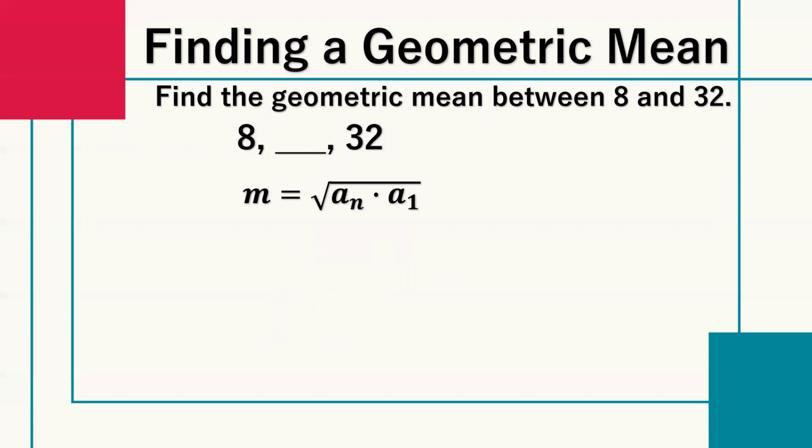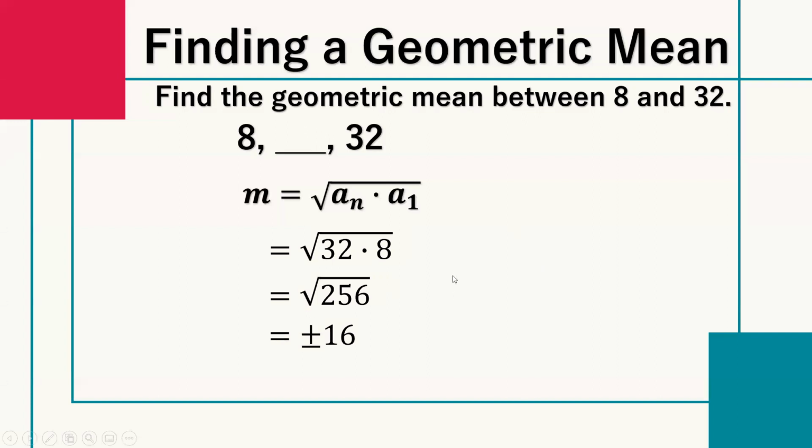So yan. Next, we have to find the geometric mean between 8 and 32. So we will just use the formula m is equal to the square root of a sub n times a sub 1. A sub n is the last term or 32. And a sub 1 is the first term or the 8. Multiply lang natin, 32 times 8 is equal to 256 and get the square root of 256 and that is equal to positive negative 16.